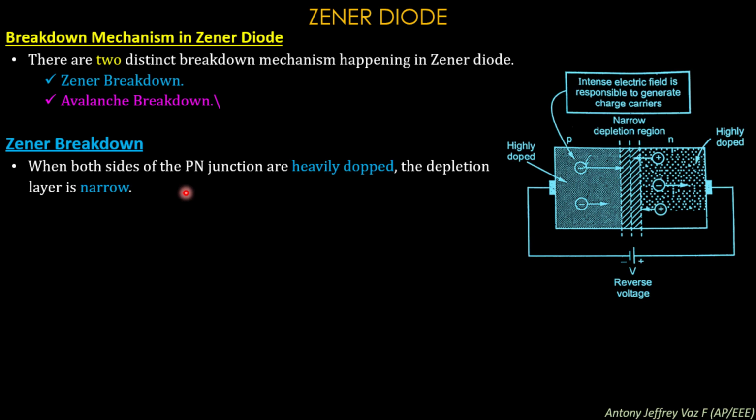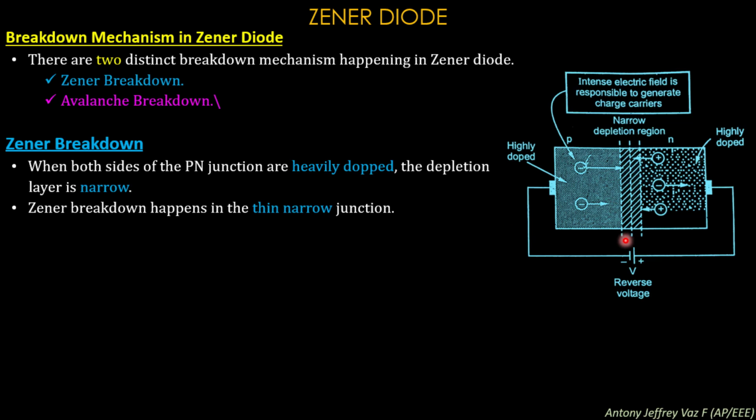When both sides of the PN junction are heavily doped, the depletion layer is narrow. If more impurities are added into the PN junction, the depletion layer gets narrowed. This is the narrow, thin depletion region present in the Zener diode. Zener breakdown happens in the thin, narrow junction.